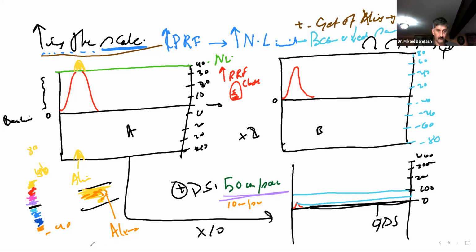This orange here will go from 40 to minus 80. The color within the blood vessel may change because it's falling in the range of this. So yes, it may become red.